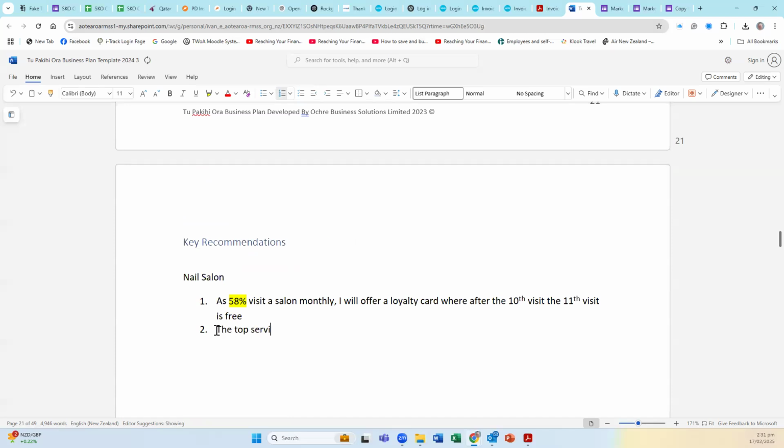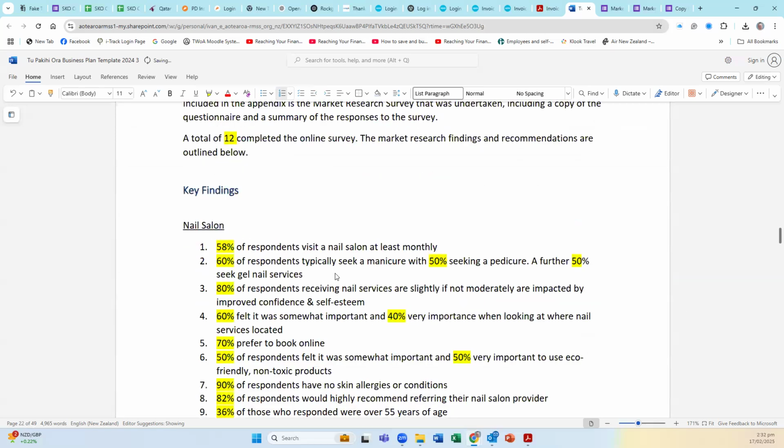The top services respondents preferred were manicures, pedicures, and gel nail services, which I am offering currently. Because that's what you're offering at the moment, eh? Yes. Okay. So that addresses that one.